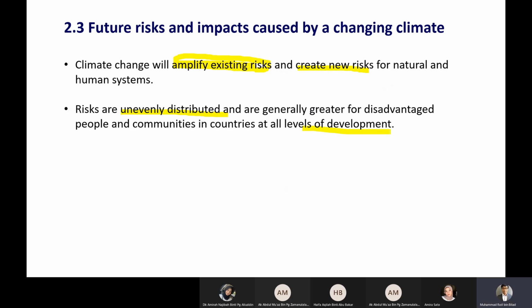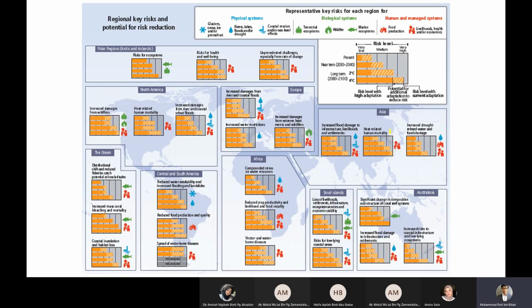If you look into the energy statistics, the ones who produce most of the CO2 are the developed nations, but the ones who actually suffer are the underdeveloped nations. So this slide gives a summary of risk.